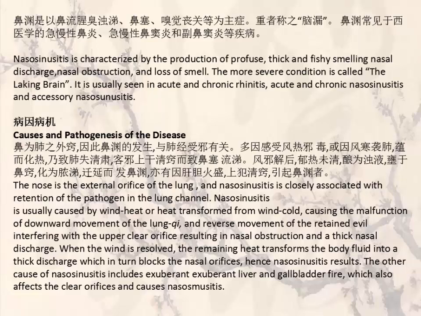So rhinitis is also not listed there. So, can you say common cold? If it's external, you can say common cold, right? So if somebody has nasal obstruction, but your diagnosis is wind cold, and they have external symptoms, then it is common cold.